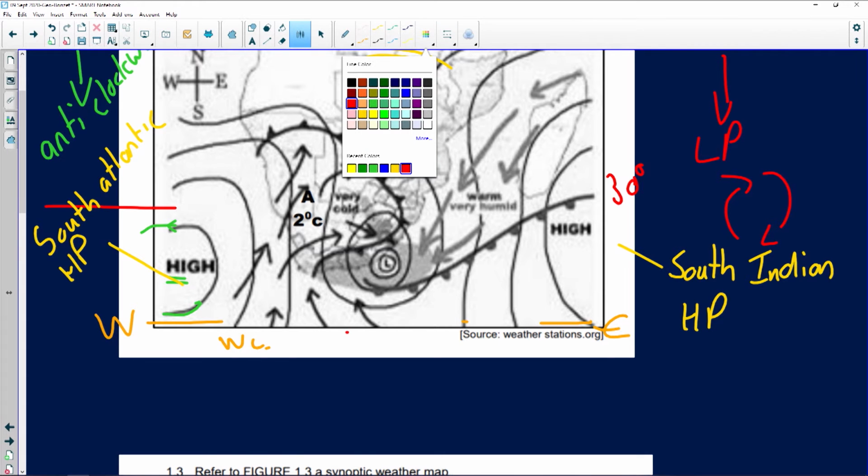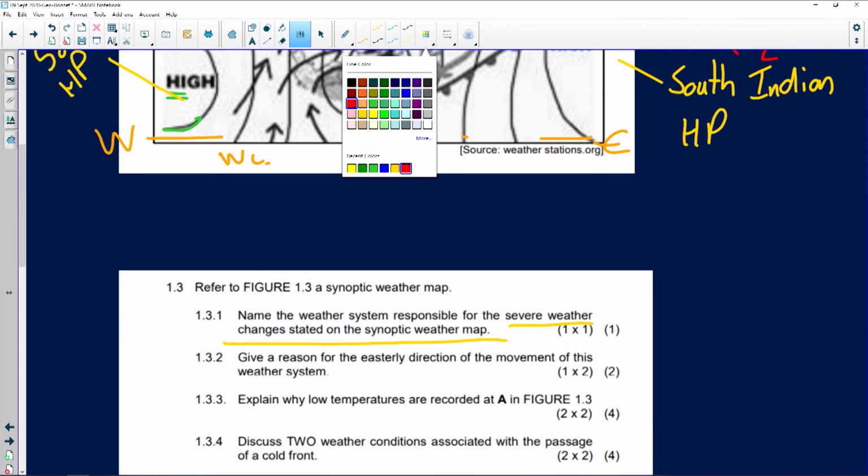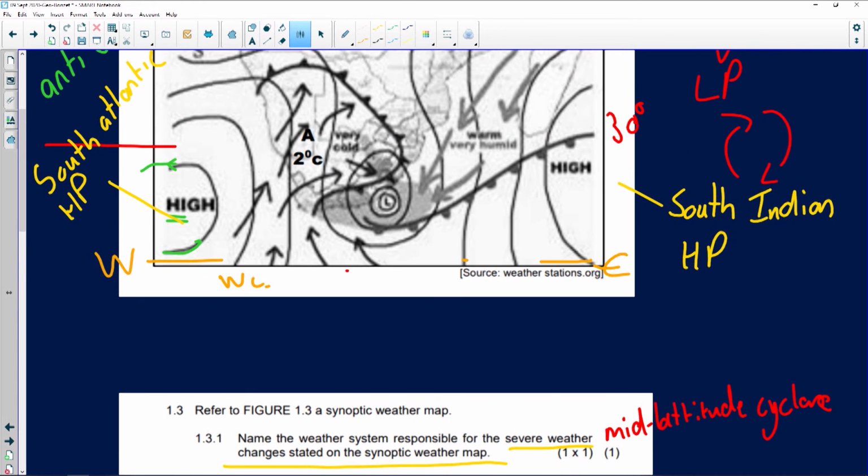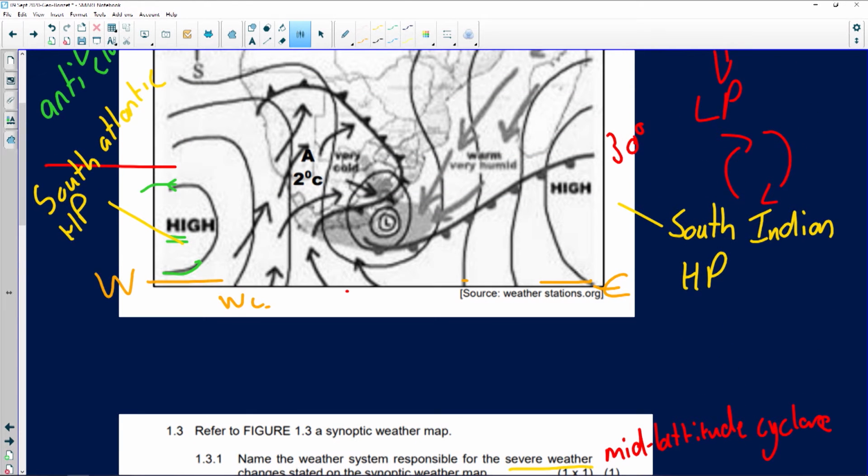So that's the correct answer over there. Remember, there is a low pressure system. It's a low pressure system moving in a clockwise direction.